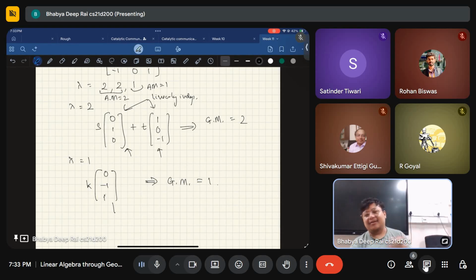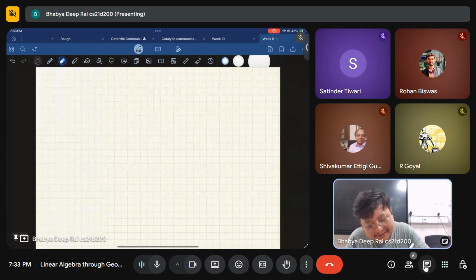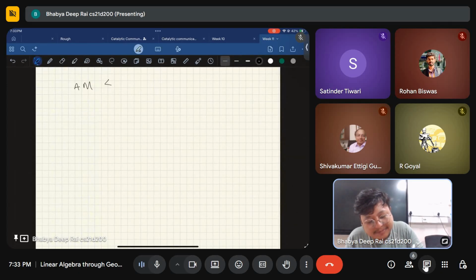Does that mean they will always be equal? No, that is not the case. In fact, when the two are equal, you can always diagonalize the matrix. When the two are not equal, what about that case? We'll see that in the next question. But this is the first observation we can always make: geometric multiplicity is always at most algebraic multiplicity.